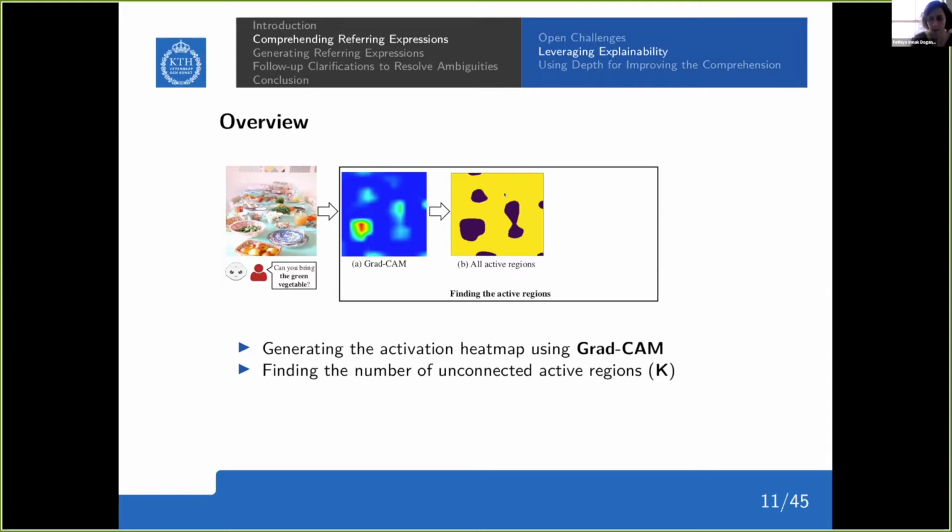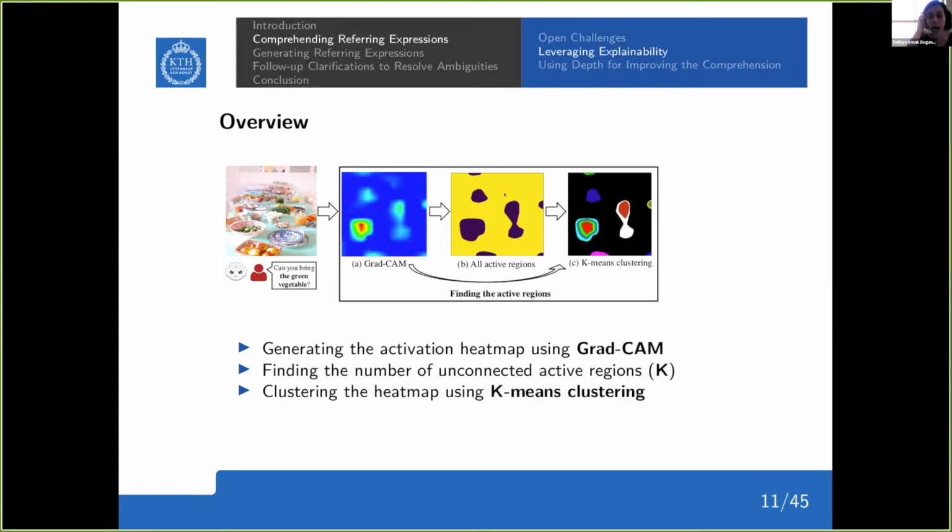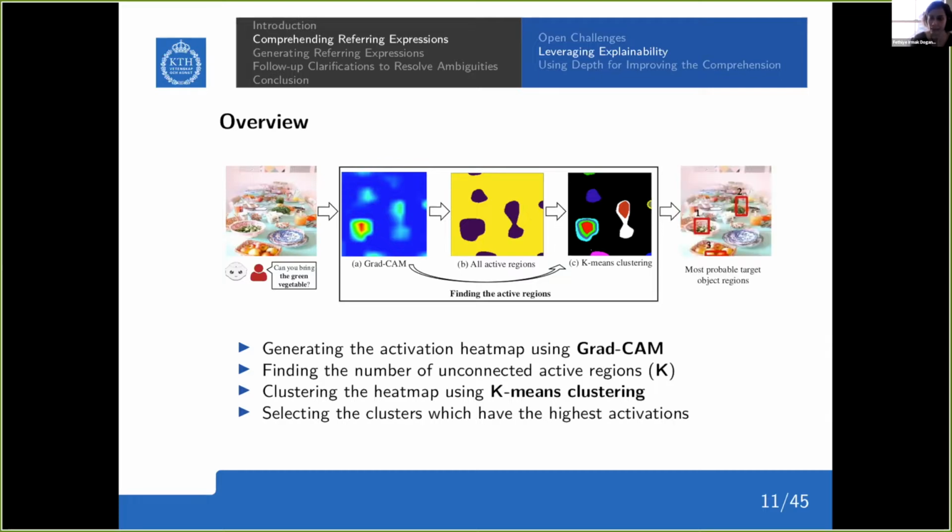This number is used in K-means clustering as the number of clusters, and we cluster this activation heat map using K-means. Lastly, we suggest the clusters with the highest activations as the candidate regions. This is the first candidate, this is the second candidate, and this is the third candidate.